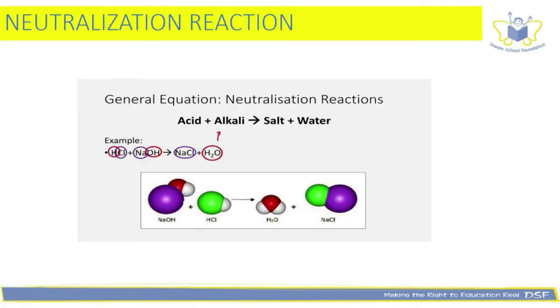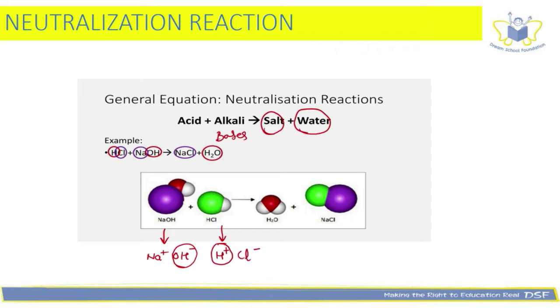Acids and bases or alkalis interact with each other to form salt and water. As you already know, when a base is placed in water, it splits into its respective ions and releases hydroxyl ions, and an acid in an aqueous solution releases hydrogen ions and the respective anion.